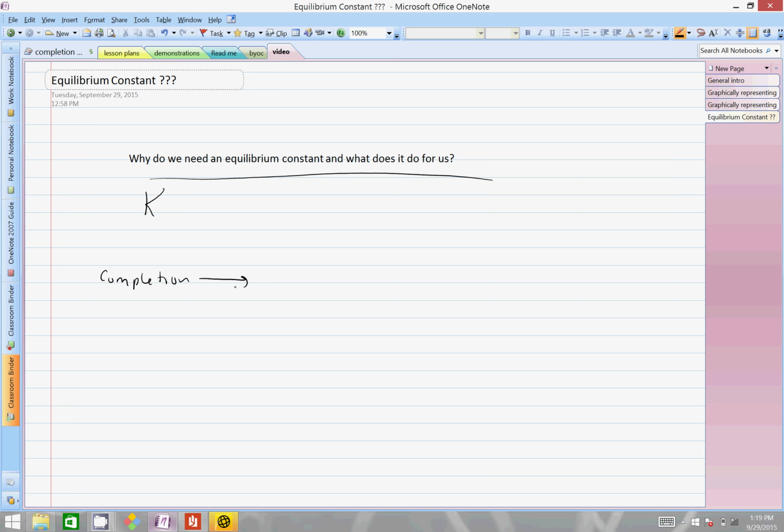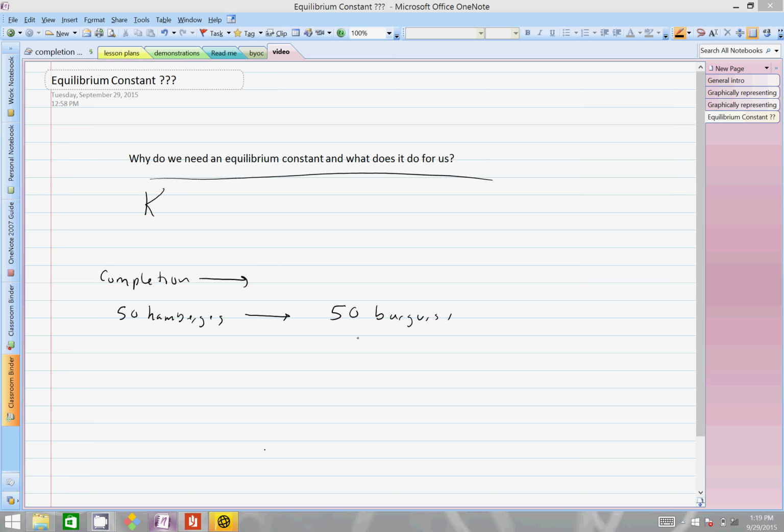I mean, if we got 50 hamburgers, we could figure out that we're going to get, assuming everything else is in excess, 50 burgers. But if something doesn't go to completion, then how do we know how much actual product we're going to get? And this is where the K value comes in.